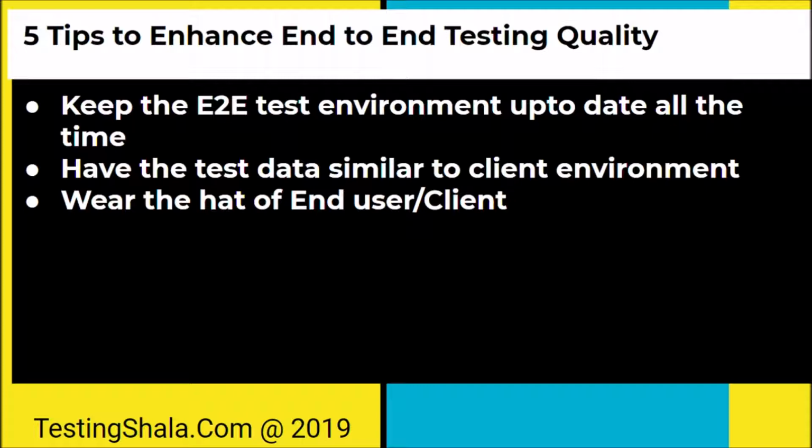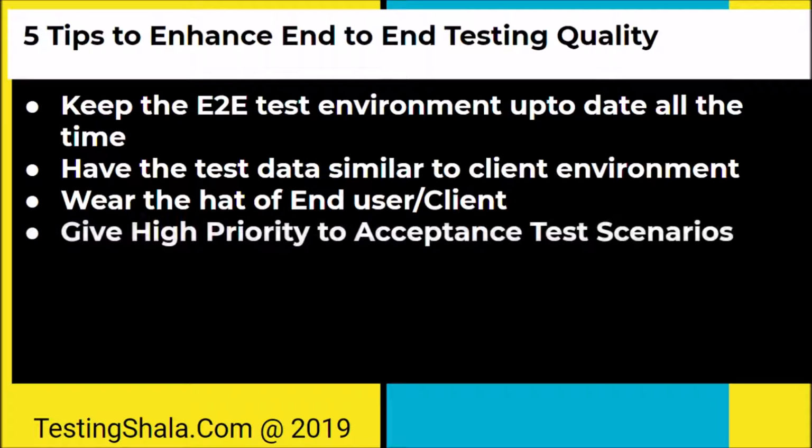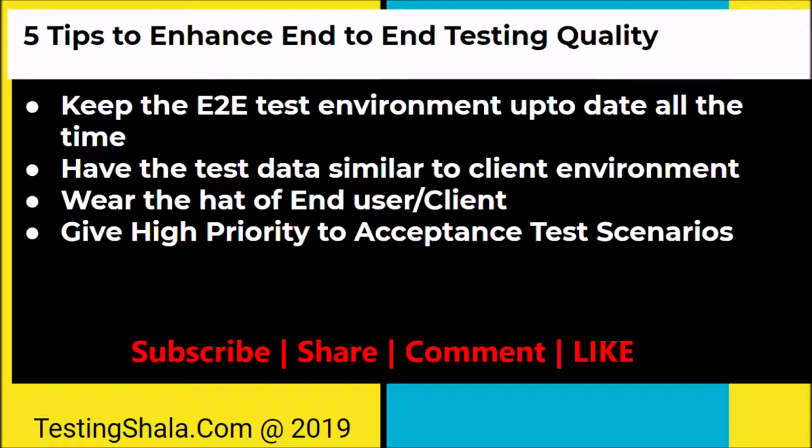Let's move on to the fourth tip, which is about the strategy or mechanism you are identifying in end-to-end testing. You should always adopt acceptance test scenarios for your end-to-end testing. Acceptance test scenarios are provided by our POs, our end users, or the client. That would give confidence to the end users as well.